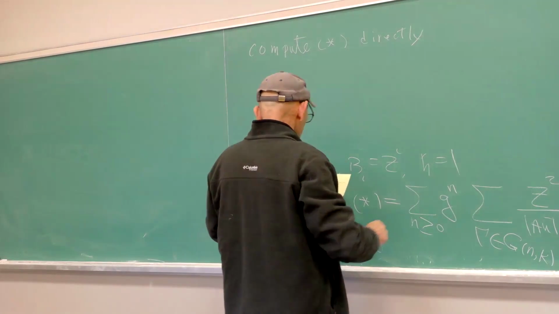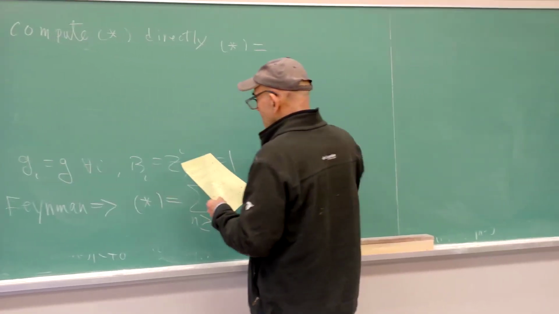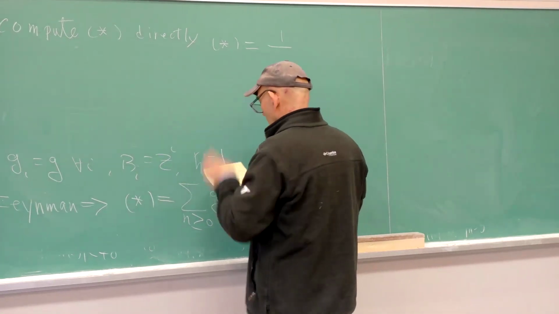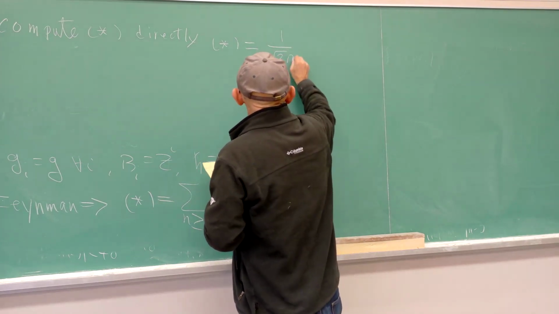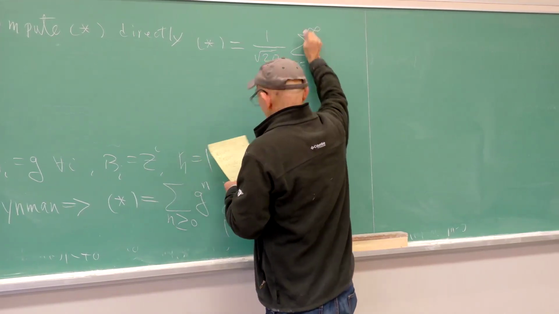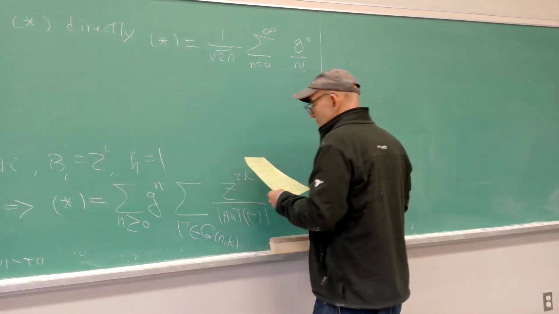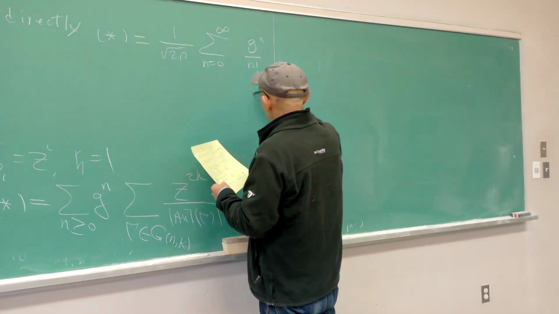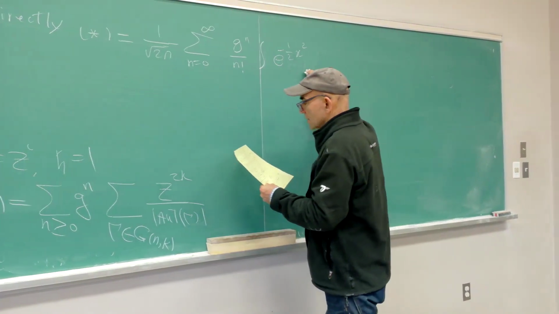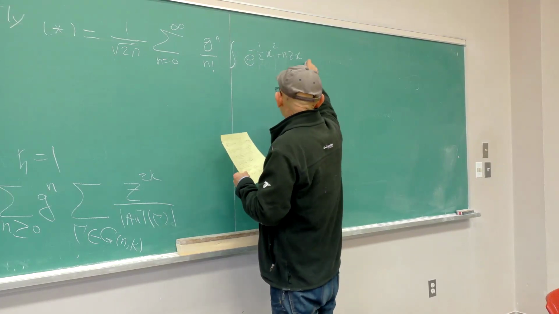We can just say that, okay, star is equal to 1 over root 2 pi, and then we have got sigma from 0 to infinity, Gn over n factorial, integral exponential of minus 1/2 x squared plus nzx dx.